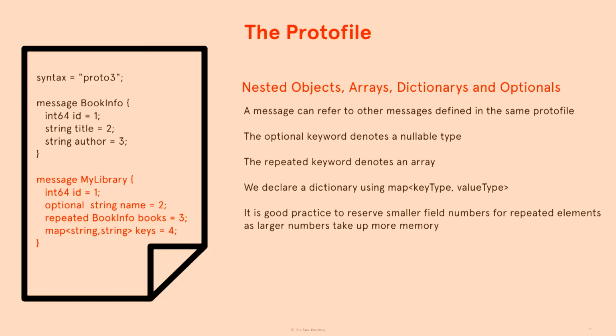Repeated denotes an array. And the tag for the repeated object here is 3. And if we had a very large array, each element of this array would get tagged with this field of 3, which is really cool because it's a really small integer. It's a really small, easy way to define it.